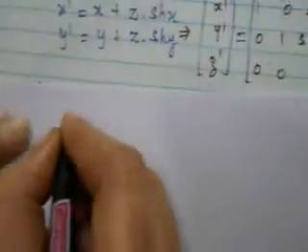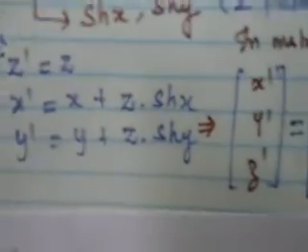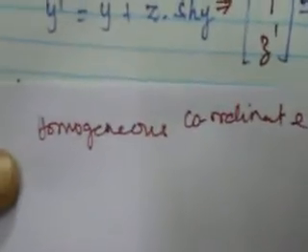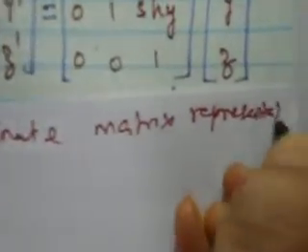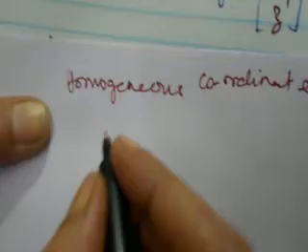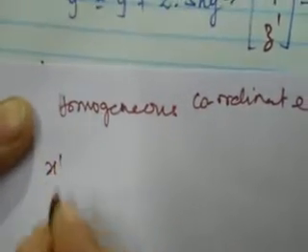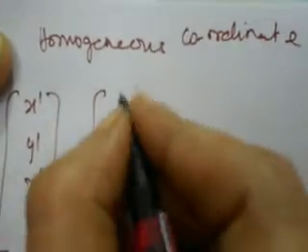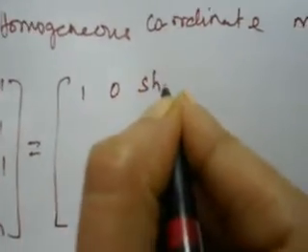For this shearing matrix we are going to form a homogeneous coordinate representation. So now we have x dash, y dash, z dash, homogeneous coordinate variable h, which is equal to, as it is for the first three dimensions, 1 0 the shearing parameter, 0 1 the shearing parameter, 0 0 1.